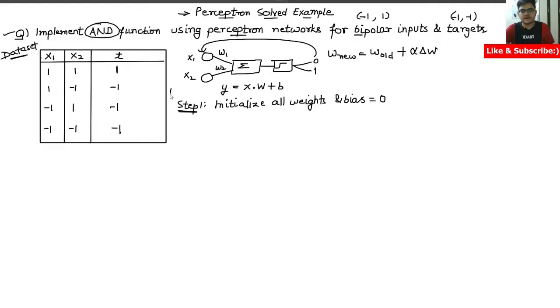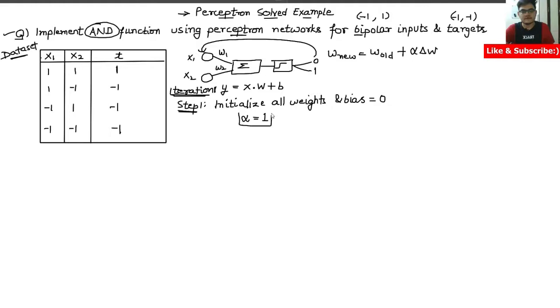This is the first iteration, so I'm going to just write here iteration 1. In iteration 1, step 1 is to initialize all the weights and bias as 0, and for the sake of simplicity, we will take the learning rate as 1, right?